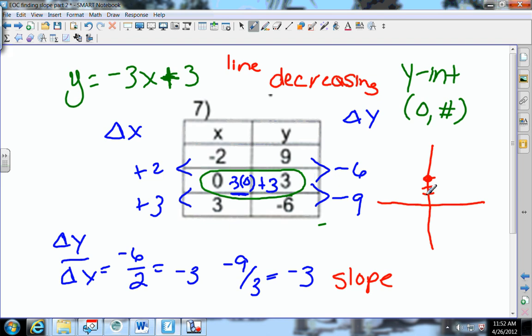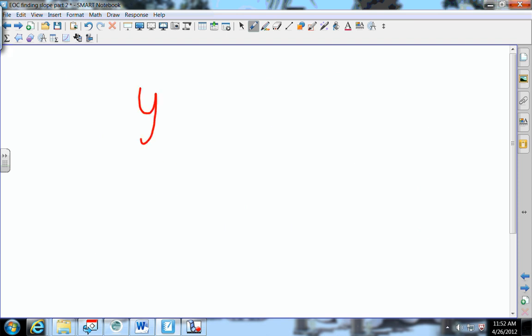The slope is negative 3, which is down 3 and to the right 1. Down 3, to the right 1. Now, let me add something else in here. Y equals negative 3x plus 3. This is slope-intercept form, right? Okay.